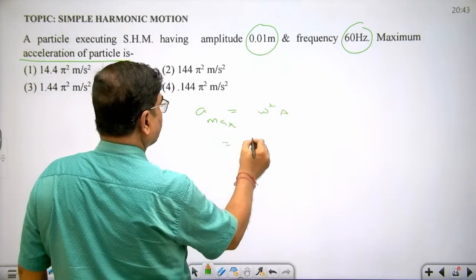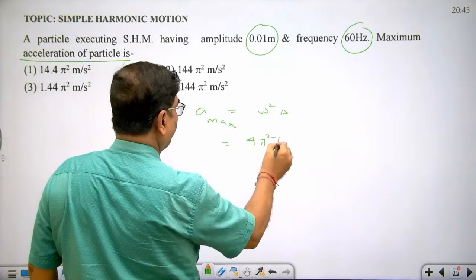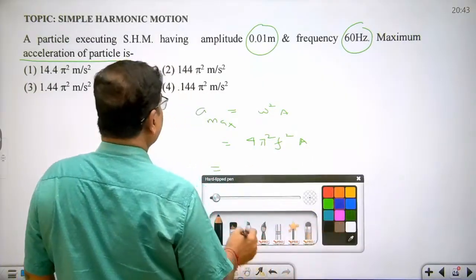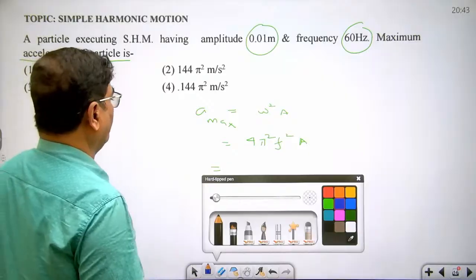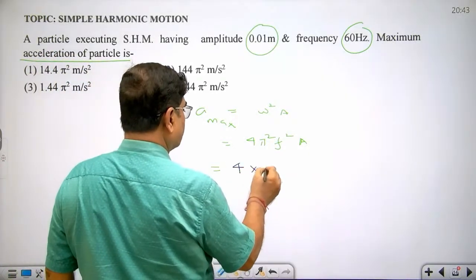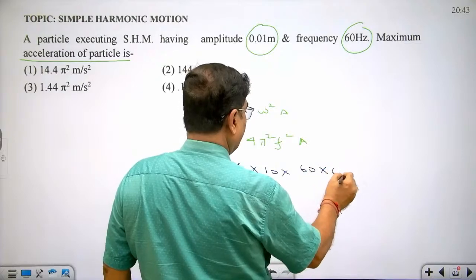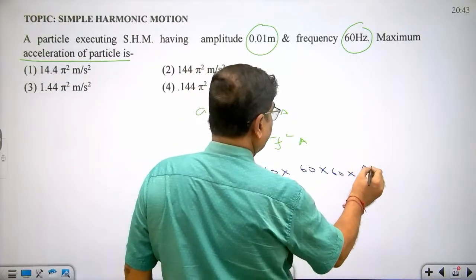And what is omega square? This is 2 pi f, so it is 4 pi square f square A. Now just substitute all these values. Pi square is approximately 10, and f is 60 into 60, and amplitude is 0.01.